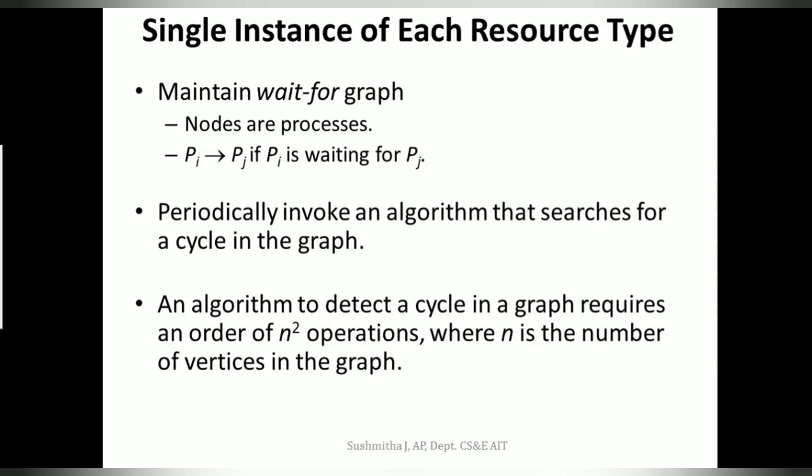I have already discussed many a times, single instance of resource type is, for example, we have the resources A, B, C. There is only one instance of resource type A, only one instance of resource type B, and only one instance of resource type C. If that is the scenario, if the resource type has a single instance, then we can be using the wait for graph, which is a slight variation of your resource allocation graph.